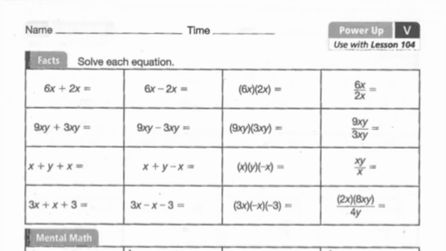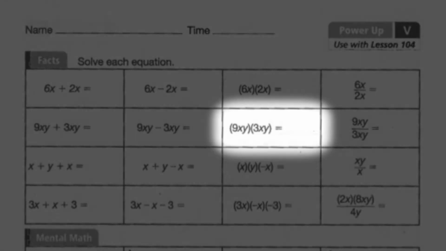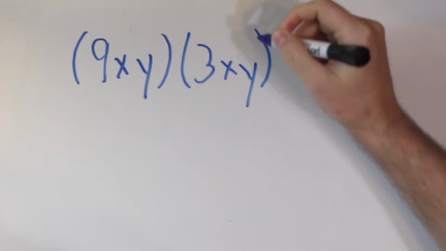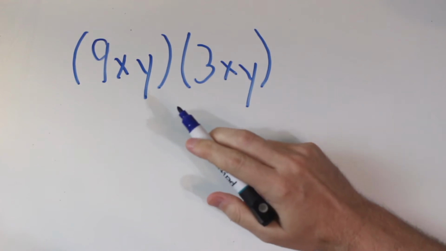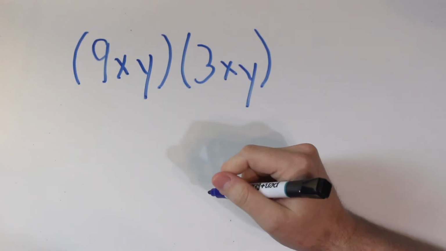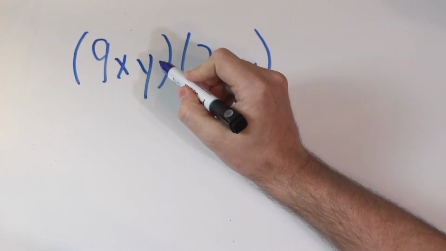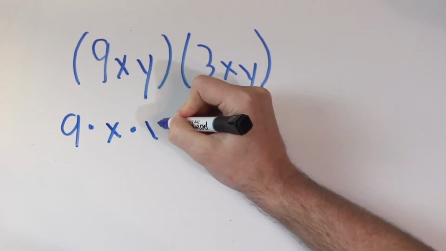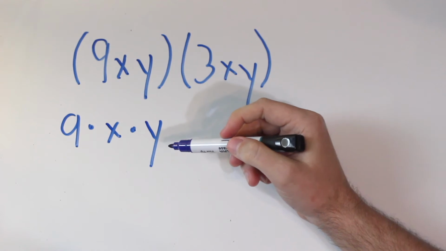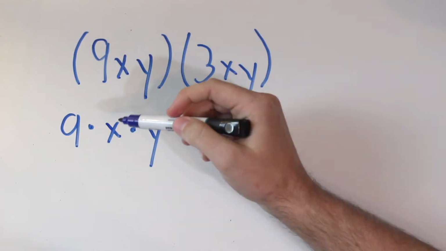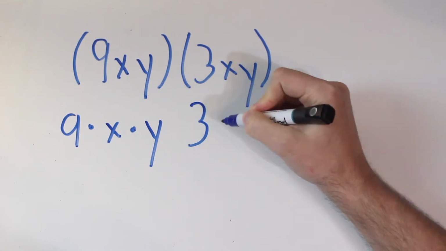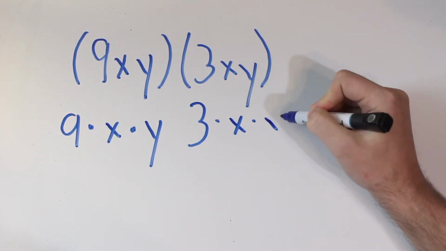Now we have multiplication again. 9xy times 3xy. This time, I'm going to show you a shortcut on how to solve this. You can think of 9xy as being 9 times x times y. So write it that way. You can also think of 3xy as being 3 times x times y.